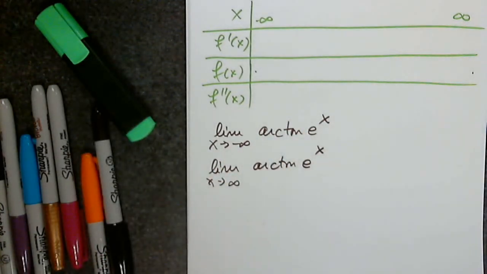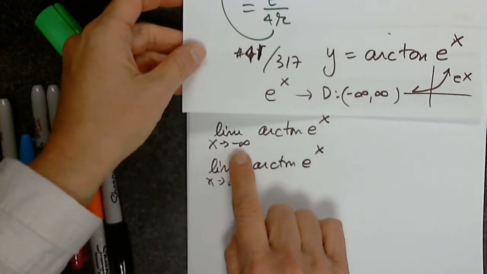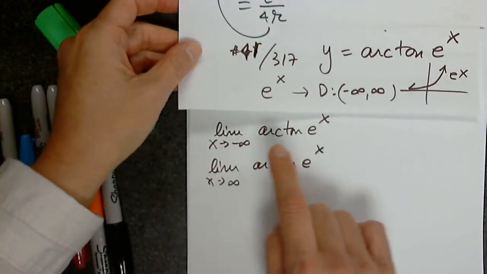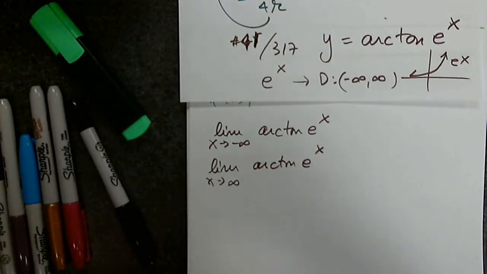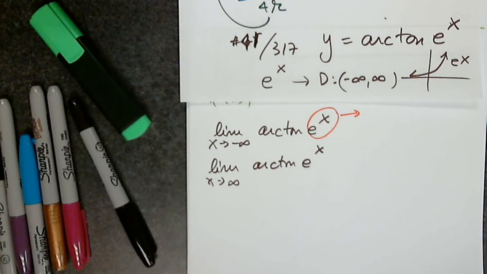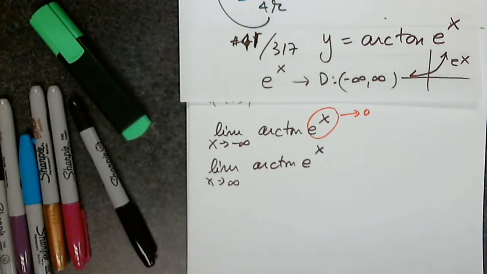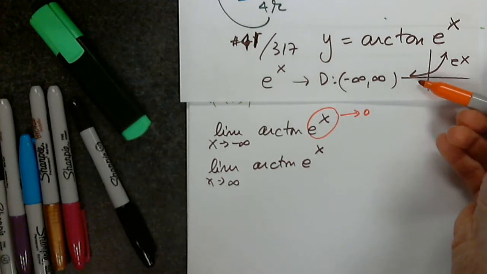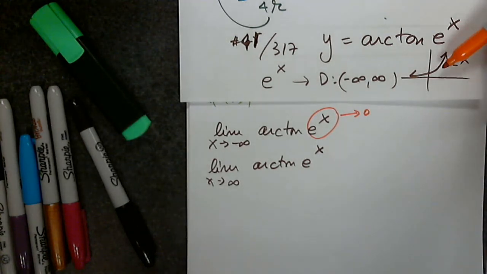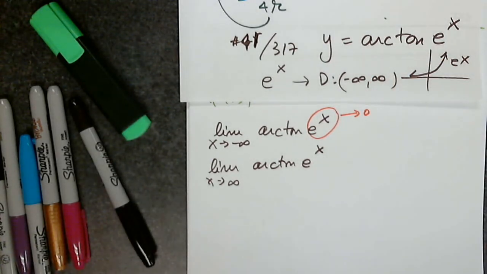I have the graph in my head, but let me look at it again. As x approaches negative infinity, e to the x will approach, excellent, do you all see that 0? You agree? As x approaches negative infinity, the function values get closer and closer to 0. Acceptable?